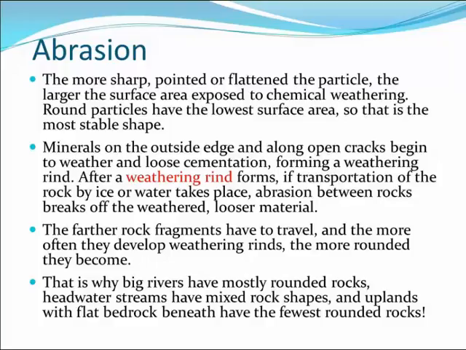But if you go into the soil in the river terraces, you can find rocks that are very old and have a weathering rind in place. And that knocking off of the edge is why big rivers have mostly rounded rocks, whereas headwaters have mainly sharp rocks.